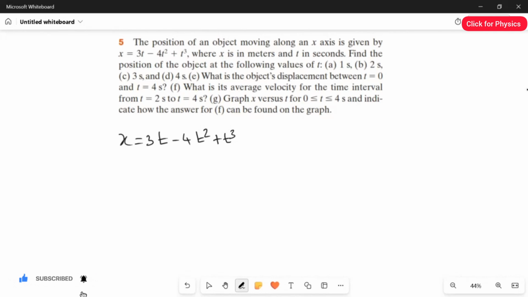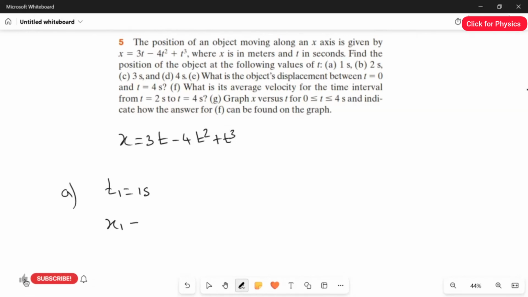So for t1 equal to 1 second, what is the value of x? If you substitute t1 equal to 1 second, this is our x1 value, right? So x1 at a time t1 equal to 1 second, what is our answer? I'm going to substitute the value of 1 second here.